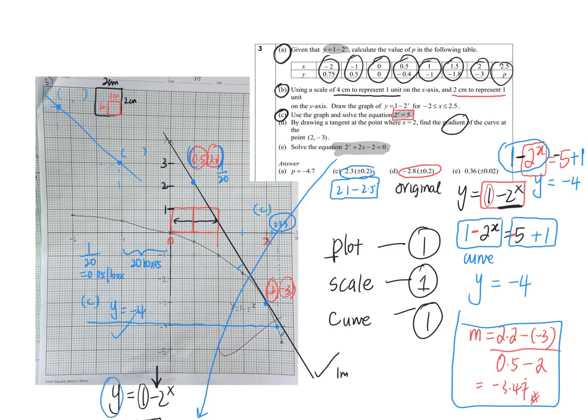So this is the line you need to draw. This is the suitable line that you need to draw. So the moment you write this line down, they give you 1 mark for knowing that this is the line. So how to draw? Just come up with a table. Give me any 2 x values you like. So let's say 0. Sub in 0, you get minus 1.